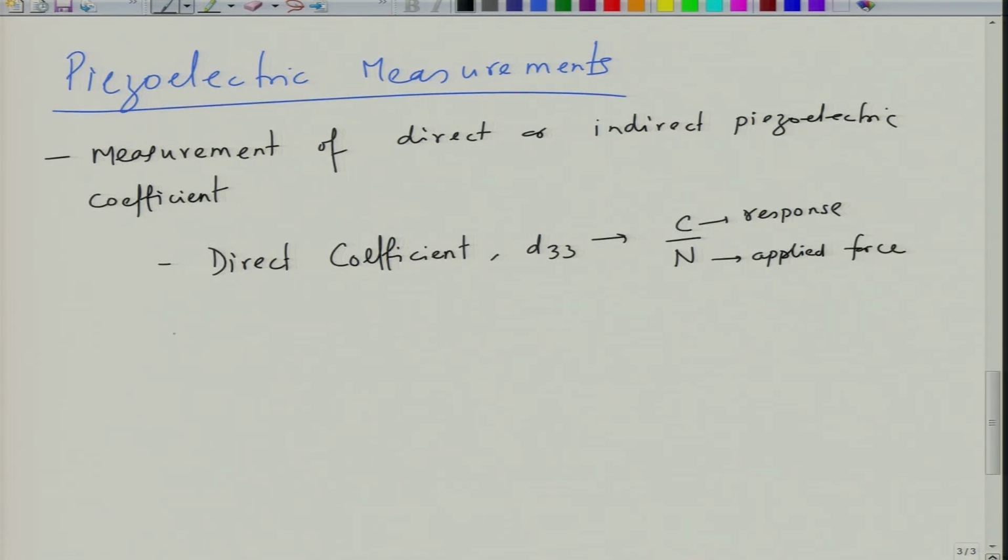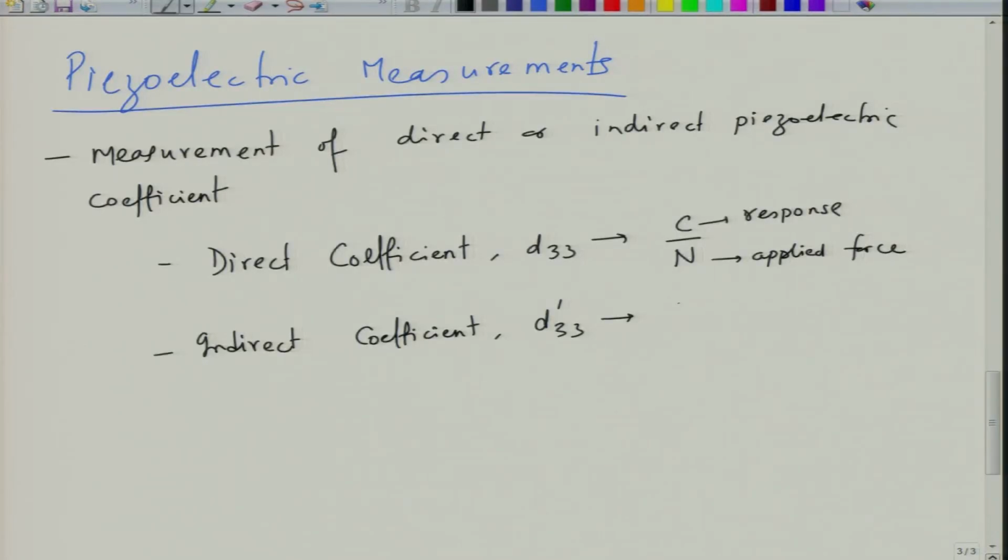And the indirect piezoelectric coefficient, let us say D33 prime, is when you apply an electric field and you measure the strain, that is strain divided by volt per meter.